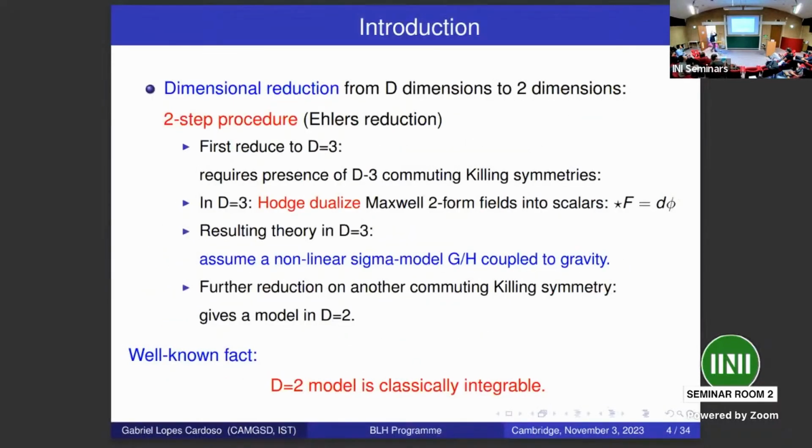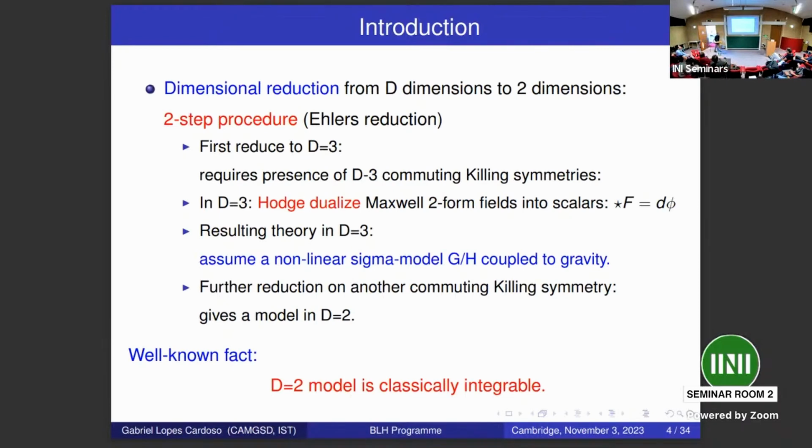So we start, say, in d dimensions, d bigger or equal to 4. We then go down to two dimensions, but we do the reduction in a two-step procedure, called the Ehlers reduction. In the first step, one reduces from d dimensions all the way down to 3 dimensions, assuming that there are a number of commuting isometries.